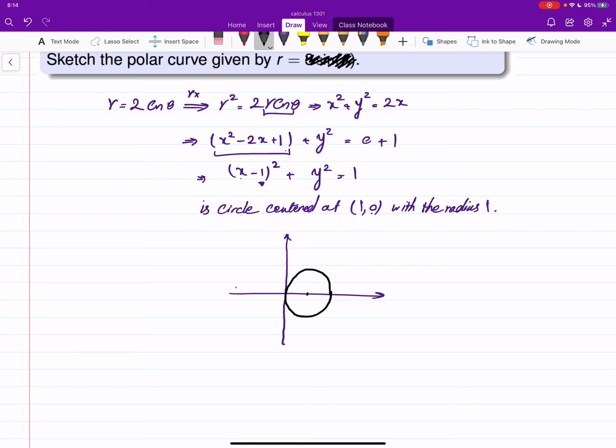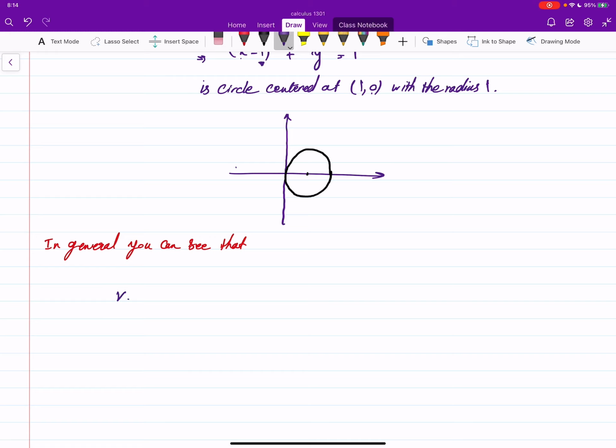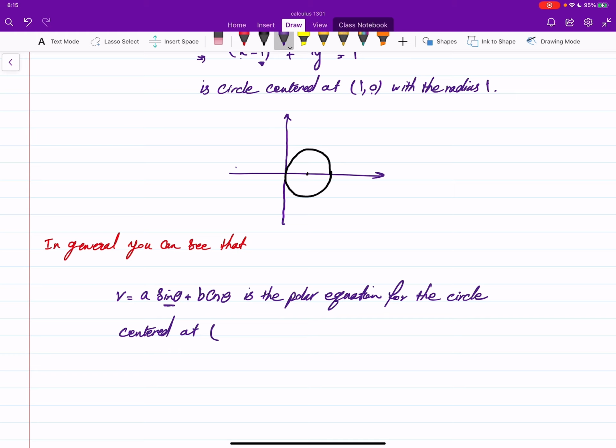And with the same kind of argument, in general, you can see that, okay, this is the fact. r equals A sine theta plus B cosine theta is the polar equation for the circle centered at, so the sine part will generate the y coordinate of the center, but actually half of that.